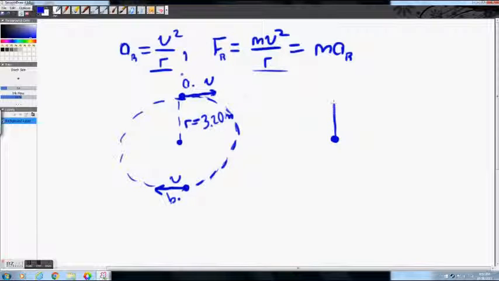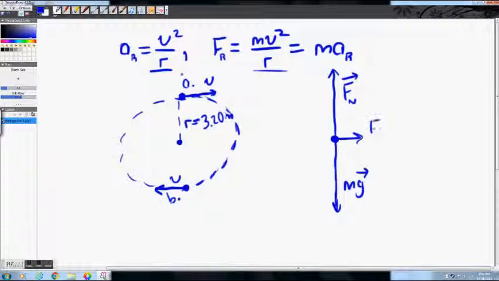An unbanked curve means that a car is rounding a curve where the road is not angled. So basically the car is following circular motion, following a curved path. And the radial force will be supplied by friction in that case.